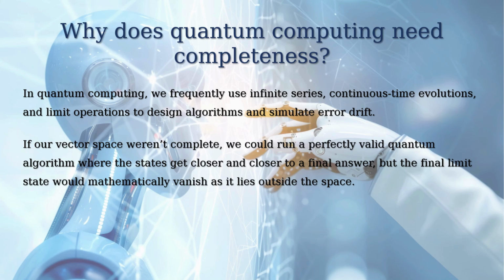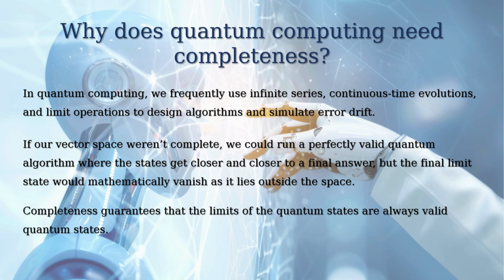If our vector space were not complete, we could run a perfectly valid quantum algorithm where the states get closer and closer to a final answer, but the final limit state would mathematically vanish as it lies outside the space. Completeness guarantees that the limits of the quantum states are always valid quantum states.